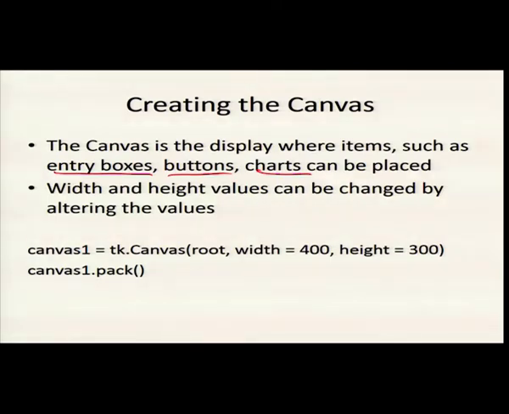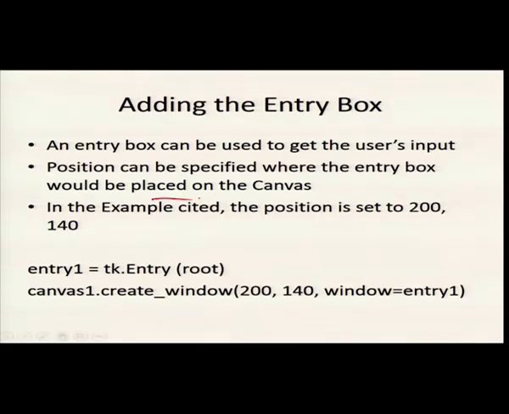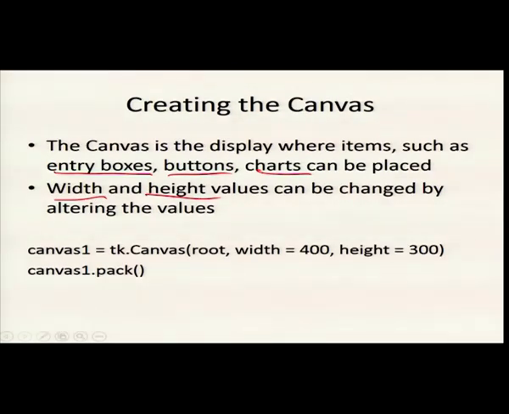Now, how do you want the canvas to be? Do you want it pretty big, pretty small, medium size? What size of canvas do you wish to have? That is all determined by the width and height values that you give.